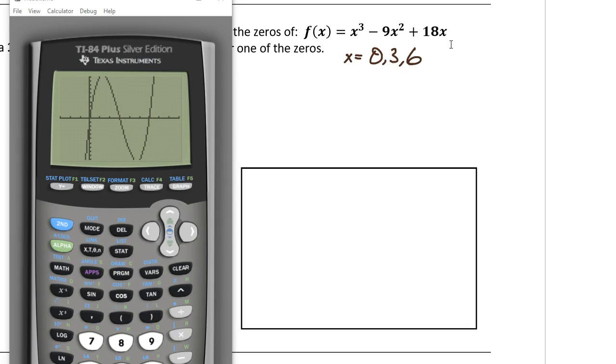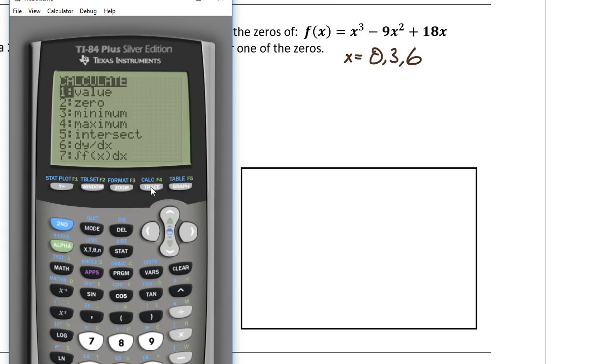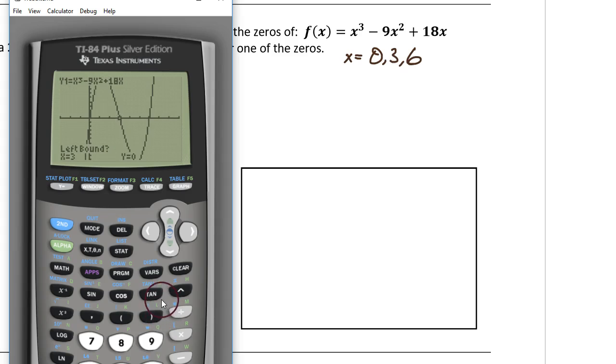What if the curve crossed somewhere between the tick marks? Then we need the calculator to tell us where the x-intercept is. That's done by pressing the second key and then calculate, which is the same button as trace. The choice that you're looking for is choice 2, zero. We know that there are 3 zeros.